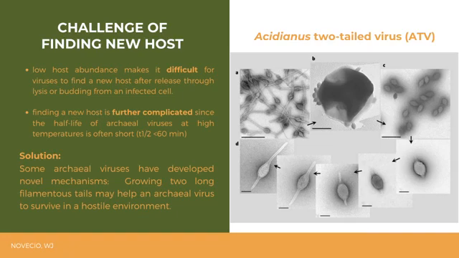So to overcome this challenge, some archaeal viruses have developed novel mechanisms to increase their ability to find host cells. And one example of this is the Acidianus two-tailed virus or ATV, which upon release from the host cell undergoes a dramatic conformational change where the central spindle shape of the virion contracts in width while the two tails extend in length up to 1 micrometer.